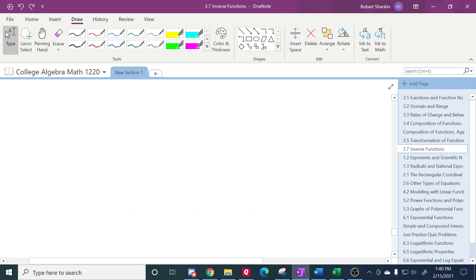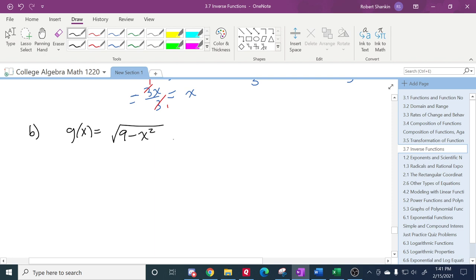Alright. Now, let me give you another function. Alright, B. G of x is the square root of 9 minus x squared with x greater than or equal to 0.